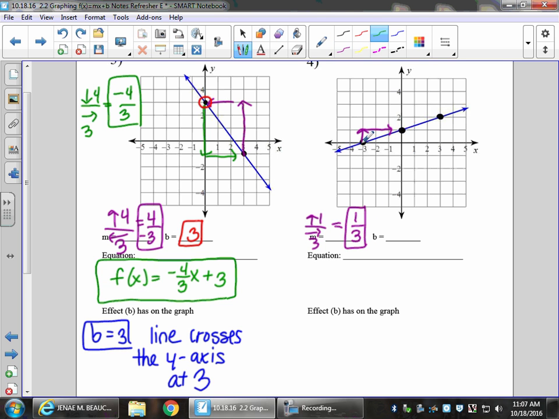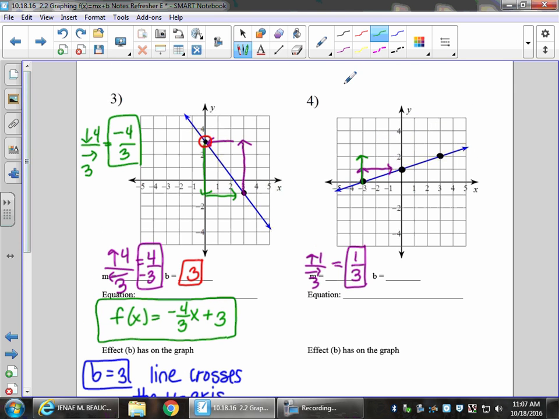What if I tried getting from this point to the farthest one? Did anybody go from this point to the farthest one? I would, right? Because see, Emmanuel, what did you do? You counted up how many? Up 2, and then you went right how many? So up 2, right 6, those are both positives.